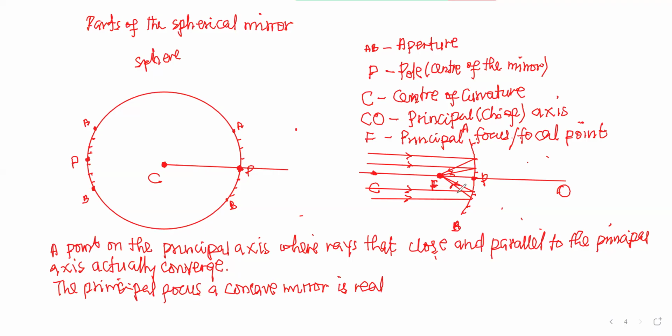This is real because when you send a parallel beam, the reflected rays would actually meet here. And it is for that reason that this point F occurs in front of the mirror. All points or locations which occur in front of the mirror are considered real. So for a concave mirror, the principal focus is real. The center of curvature is also real.